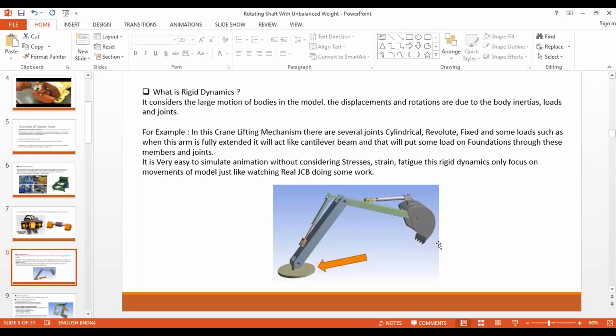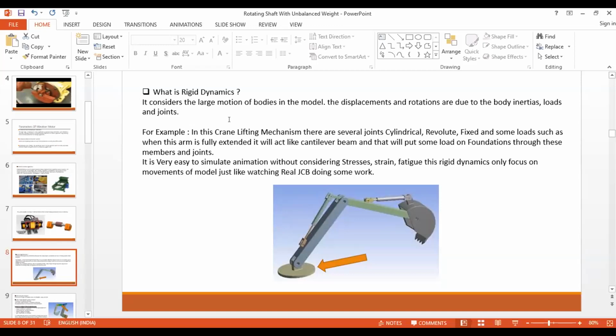If your mechanism works accordingly to your real prototype, then we can proceed further with the analysis. Unless it is doing the job, you will have to check for errors, and after doing that you can proceed to your next system analysis.